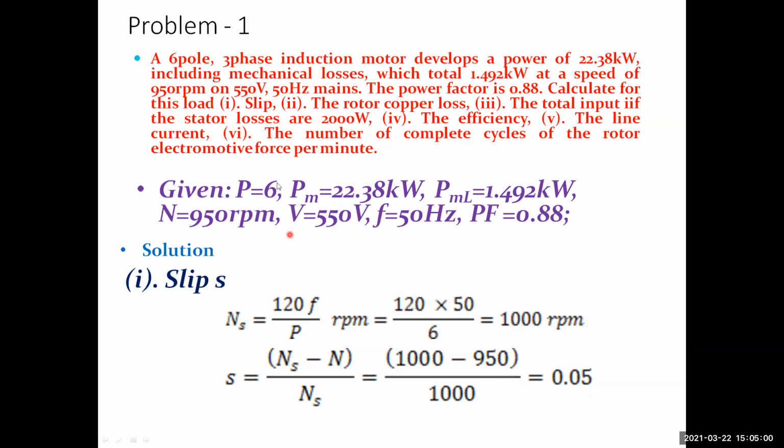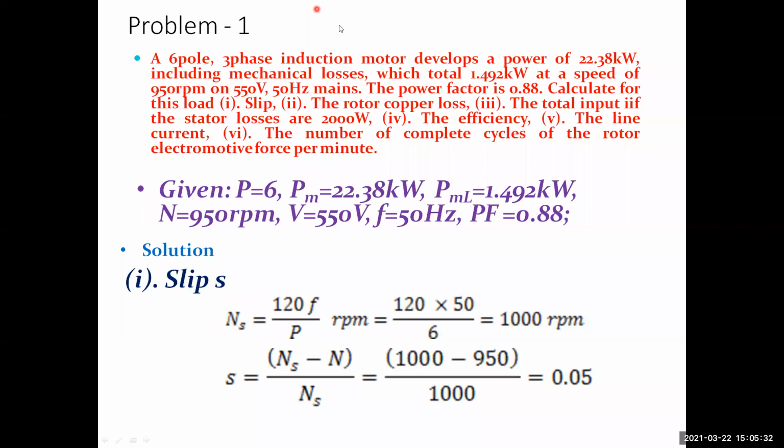This is the question, so this is the data. Poles is equal to 6, mechanical power developed is equal to 22.38 kilowatts, and mechanical losses, that is friction and windage losses, are 1.492 kilowatts. Speed is 950 rpm, voltage is 550 volts, frequency 50 Hz, and power factor is 0.88.